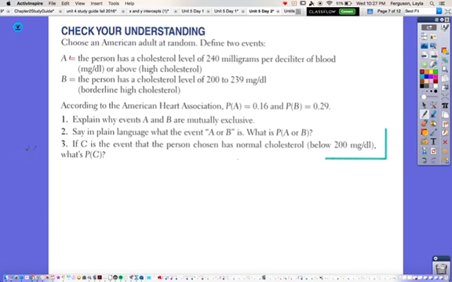So we know that A is going to be greater than or equal to 240, and you obviously cannot be in the 200 to 239 range if you are in B. So these 2 are mutually exclusive because you can't be in both parts at one time.